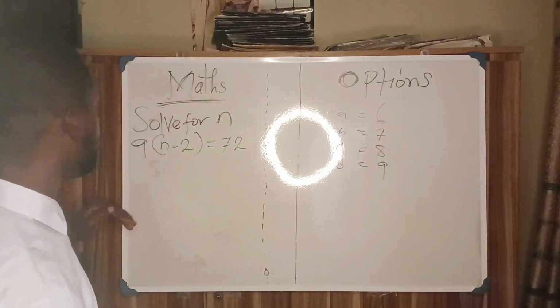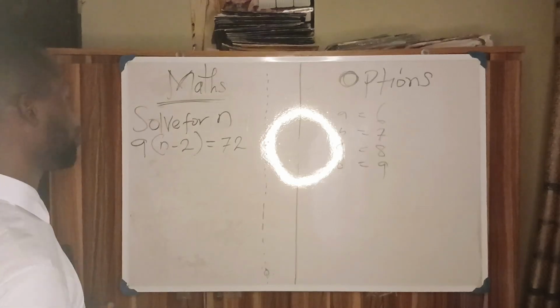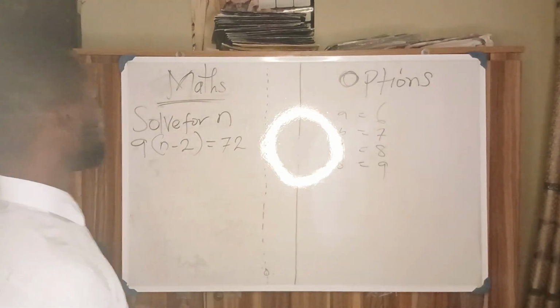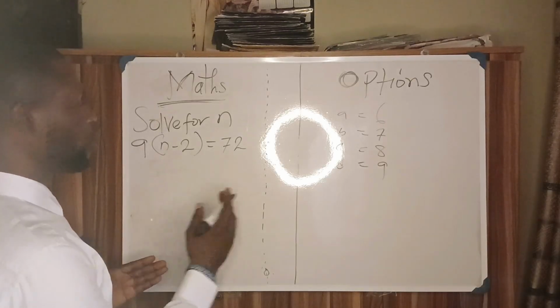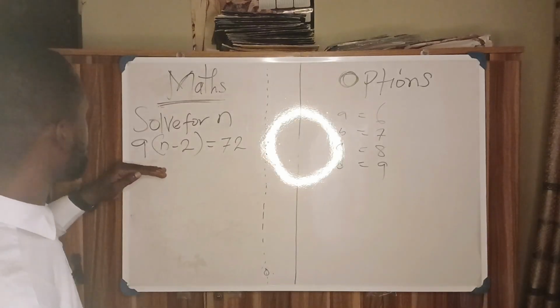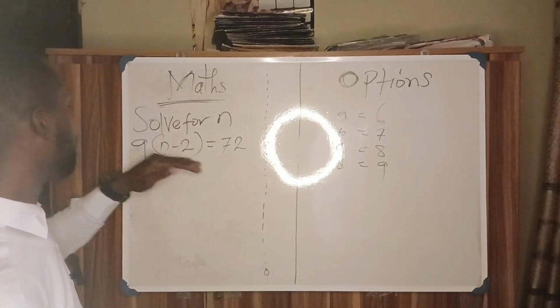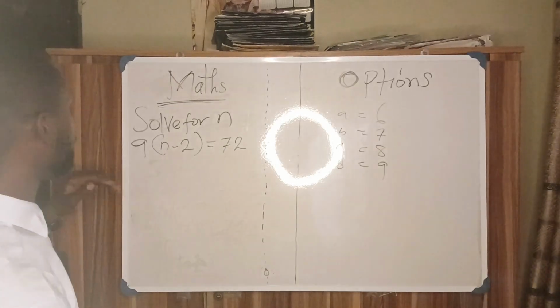But as it is now, we can also just divide both sides of the equation by 9. I told us that anything you do to the left hand side, you have to do to the right hand side for the equation to be balanced. So let's open this bracket by dividing both sides of the equation by 9.